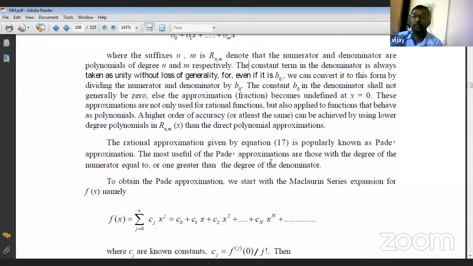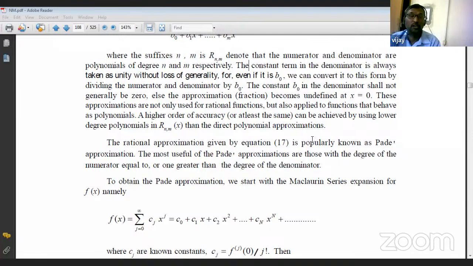The constant term of the denominator is always taken as unity without loss of generality, even if it is b0, by dividing the numerator and denominator by the constant b0. The denominator should not equal 0, else the approximation becomes undefined.